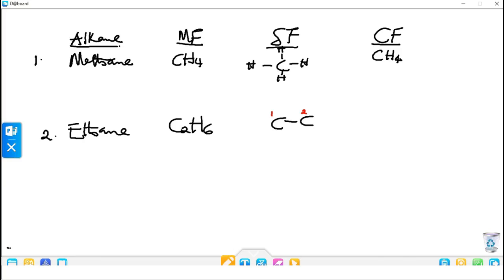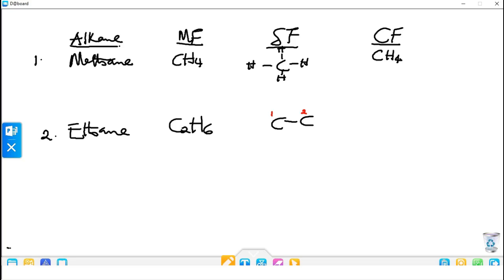That is to say, they are both sharing bonds, and they both have 1 bond each. So which means they are both looking for 3 bonds, because we said that carbon atom must have 4 bonds to it. So carbon 1 is looking for 3 more bonds. Carbon 2 is also looking for 3 more bonds.